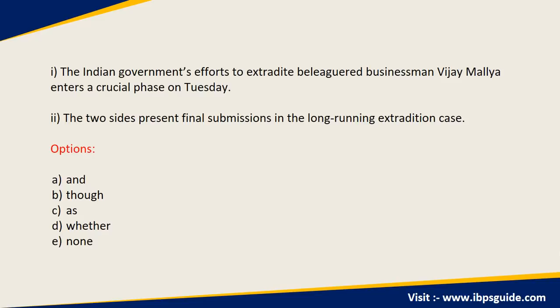So of all the options that we've discussed, option C, as, is the only thing that fits into the two sentences. The Indian government's efforts to extradite beleaguered businessman Vijay Mallya enters a crucial phase on Tuesday as the two sides present final submissions in the long-running extradition case. Therefore, option C is the correct answer.